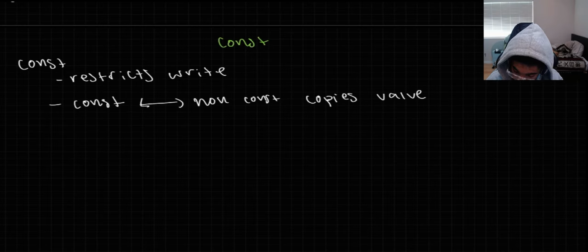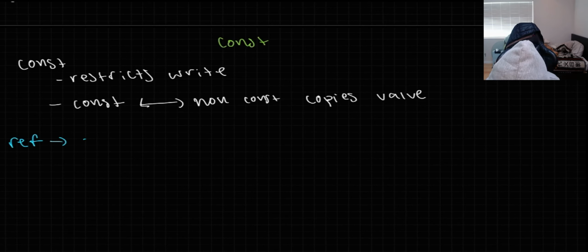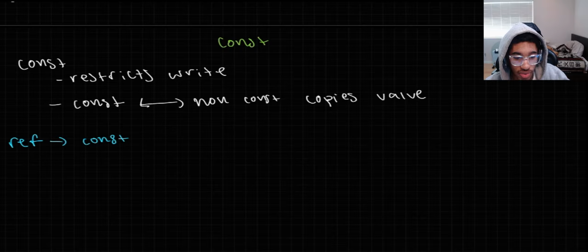Now there's also, what else do we have? We have a reference to a const. So let's write ref to const. A reference to a const is a reference that doesn't change the value of the object that it refers to, and it can be bound to a const object or a non-const object.